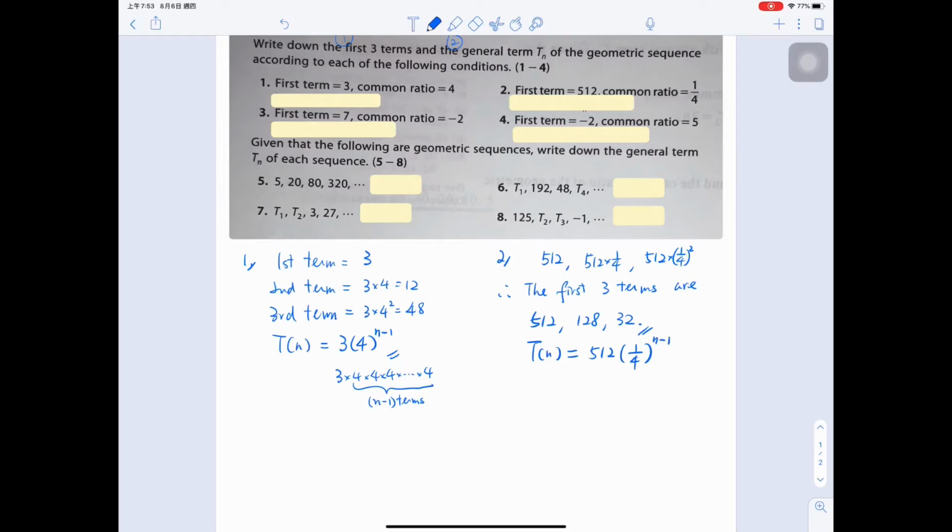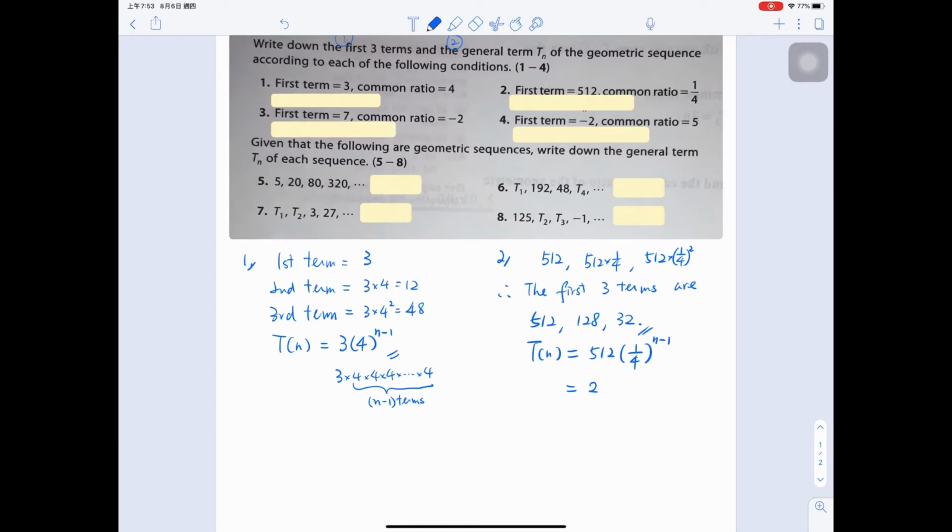However, this one, remember to simplify. Do you know how to simplify? Yeah, this one. 512, what's this? Do you know? Think about 2 to the power something equals 512.